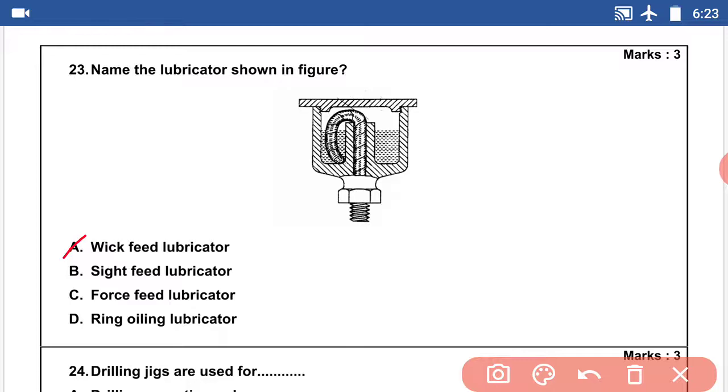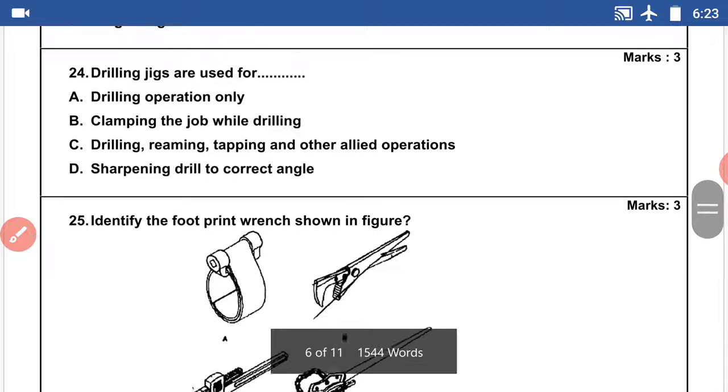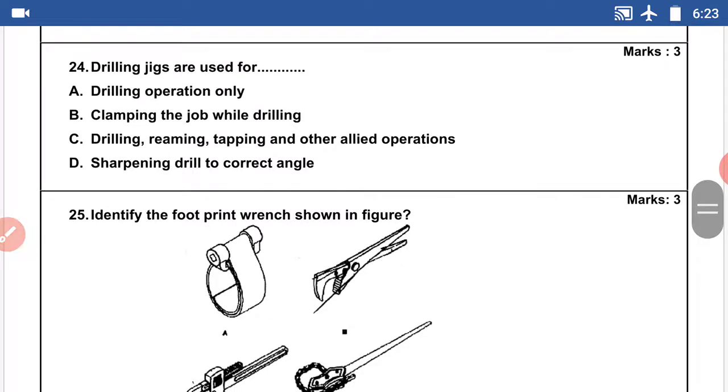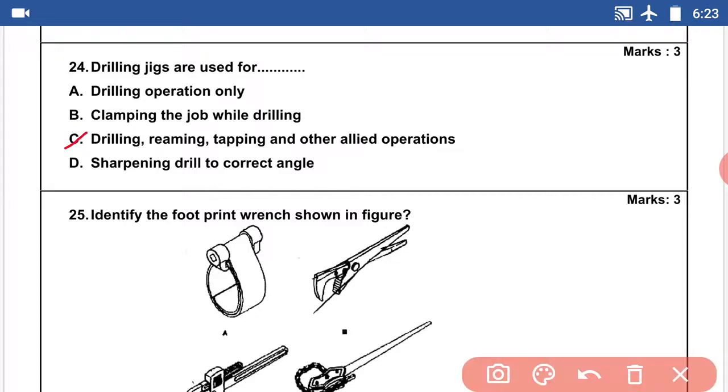Question number 24. Drilling jigs are used for dash. The answer is drilling, reaming, tapping and other allied operations, option C. Question number 25.